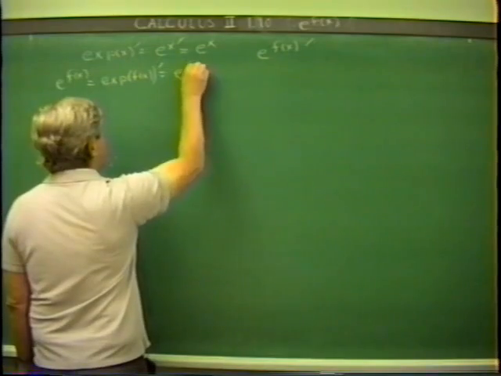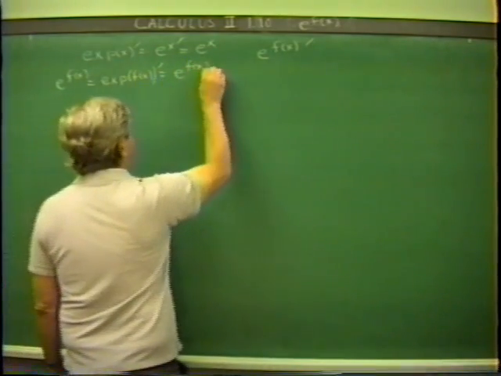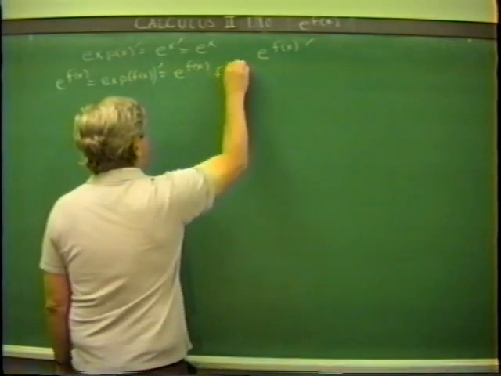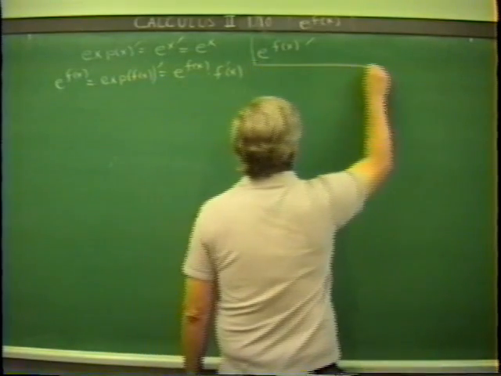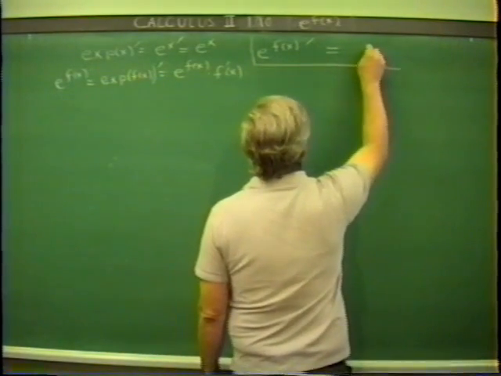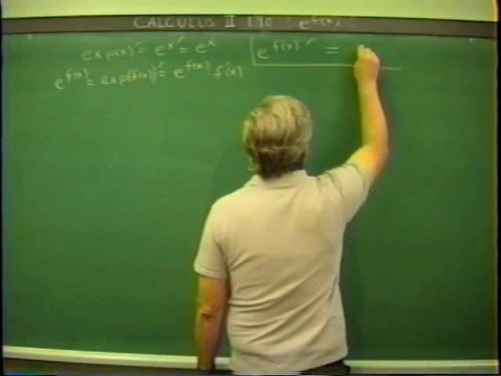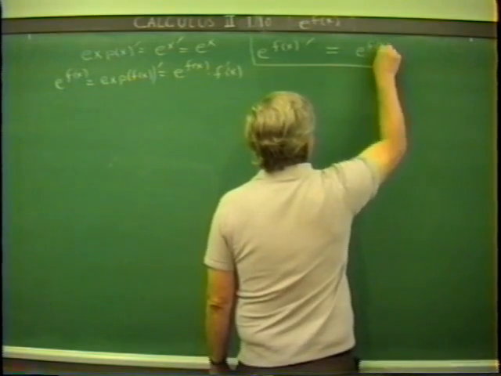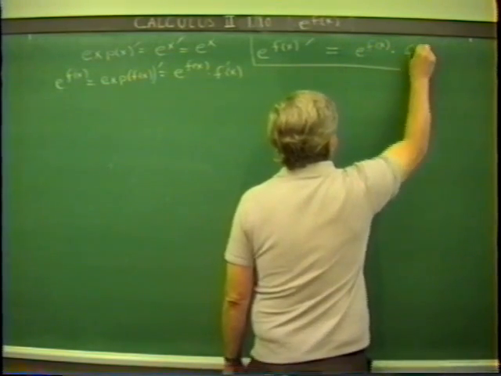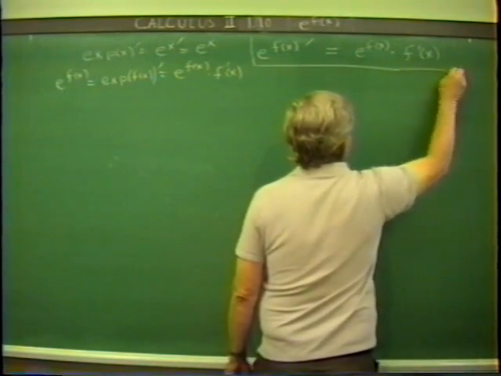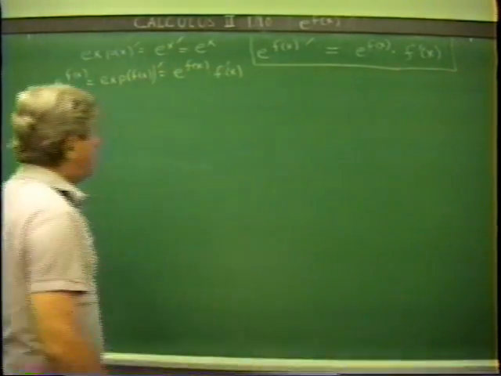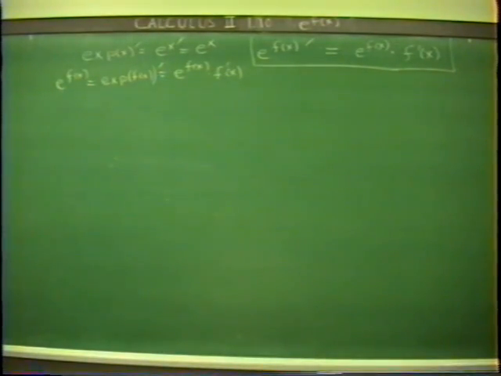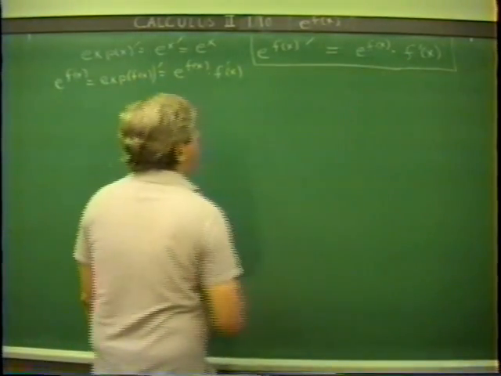So the derivative is going to be the derivative of exponent, which is exponent at f of x, times the derivative of f at x. So we say the derivative of e to the f of x is equal to e to the f of x times the derivative of f at x.